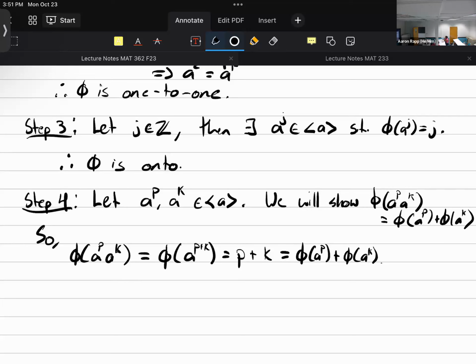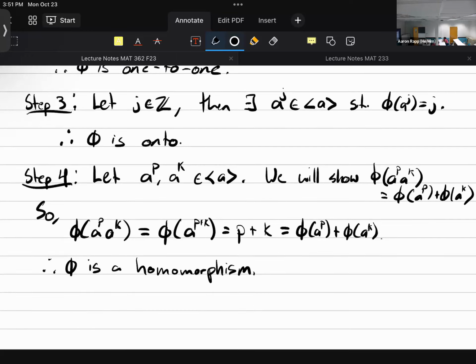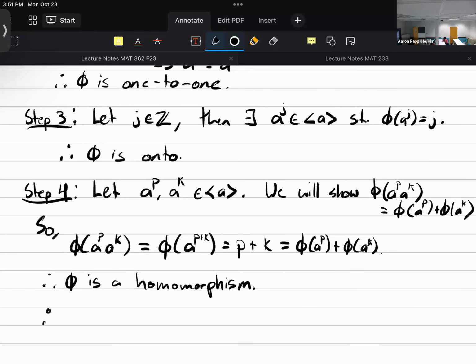So we get that v is a homomorphism. And since we have a bijective homomorphism, we can actually call it an isomorphism.